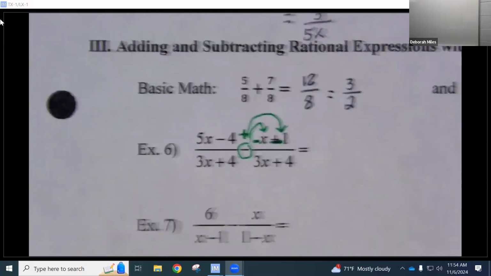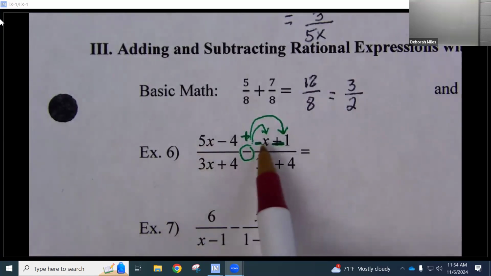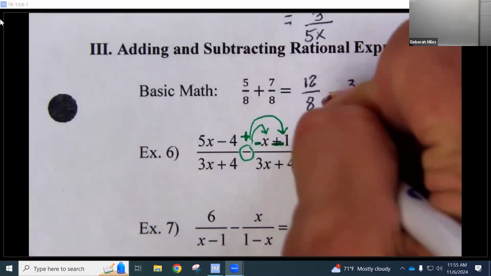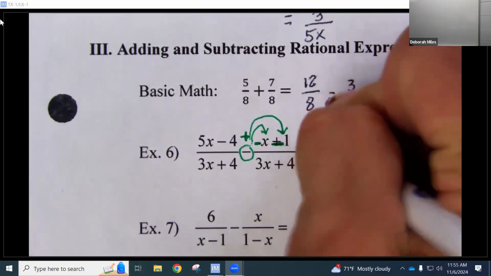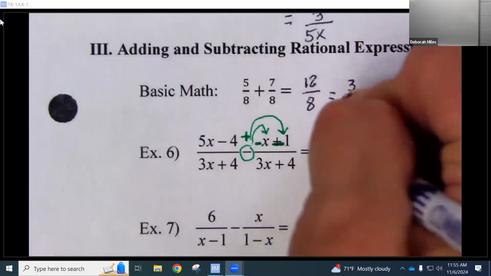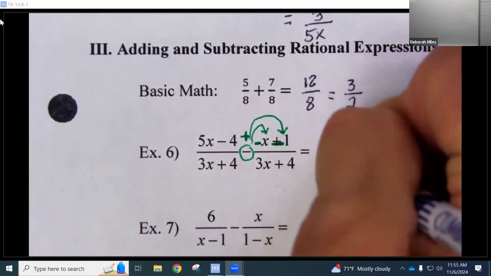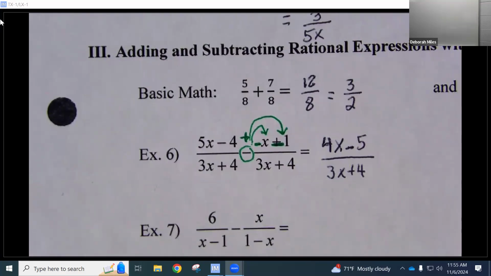And now it's just an addition problem, and you can combine like terms. The 5x plus the negative x is 4x. And the negative 4 minus 1 is negative 5. Keep the same denominator.